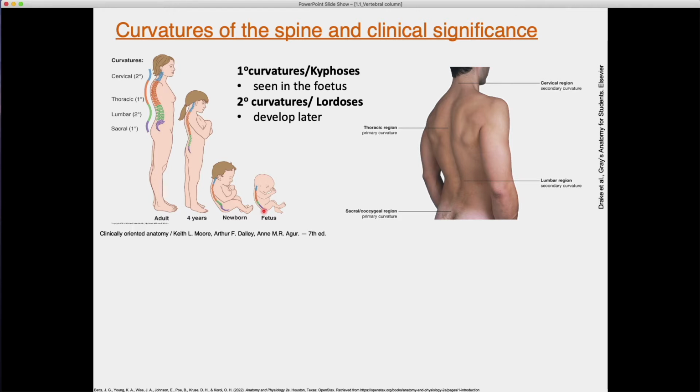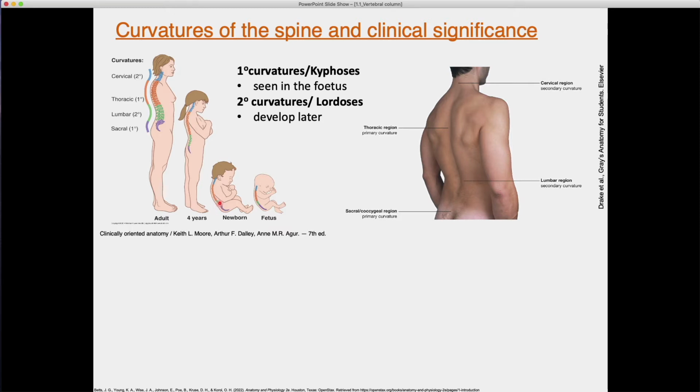Now, as we start growing and developing, the new curvatures start to form. So, for instance, when a child starts to hold their head upright, the cervical flexure or curvature starts to form. And as we start walking, we're going to see that the lumbar flexure starts to form.